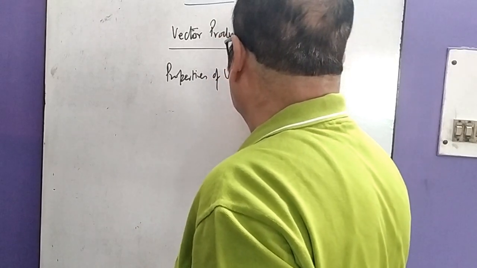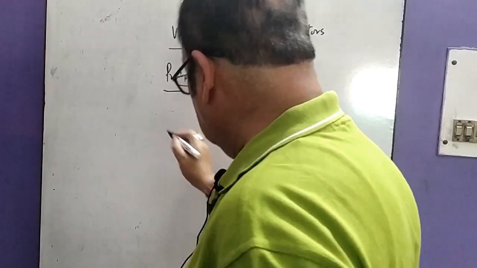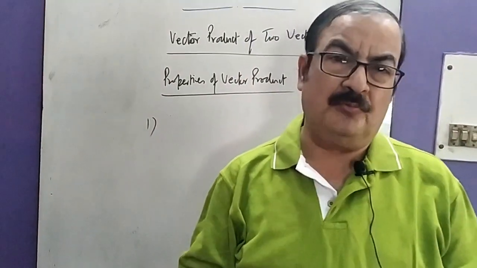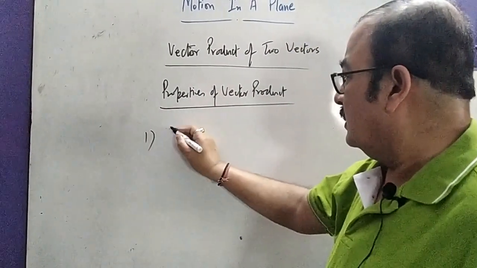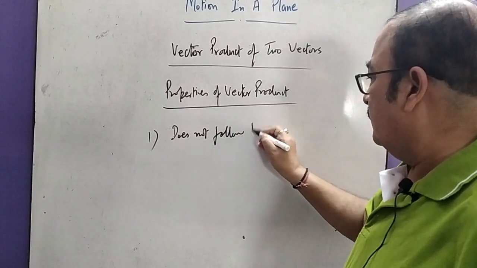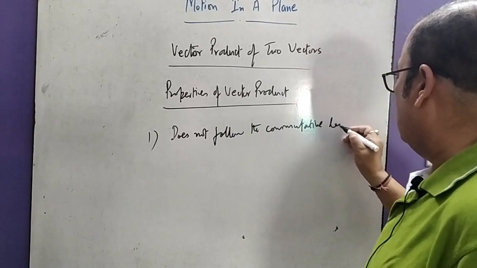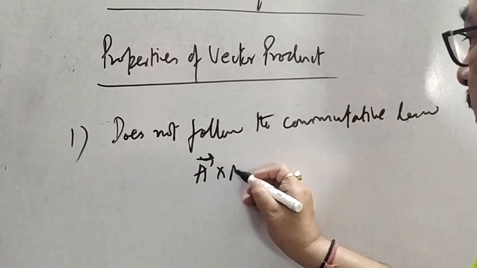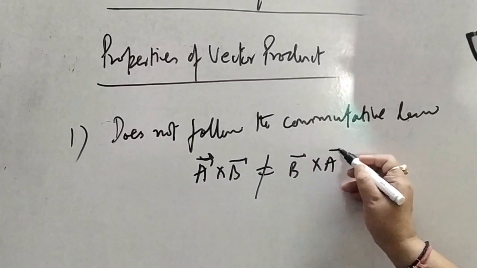Number one, the vector product of two vectors does not follow the commutative law. That means A cross B is not equal to B cross A.